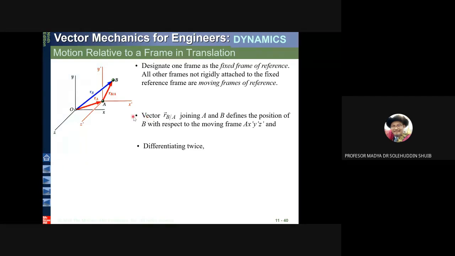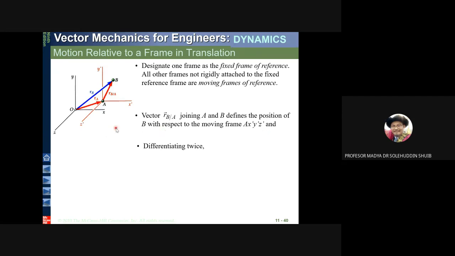So what I'm trying to say here is, when we want to find the position vector of B relative to A, joining A and B defines the position of B with respect to the moving frame A, X prime, Y prime, and Z prime.